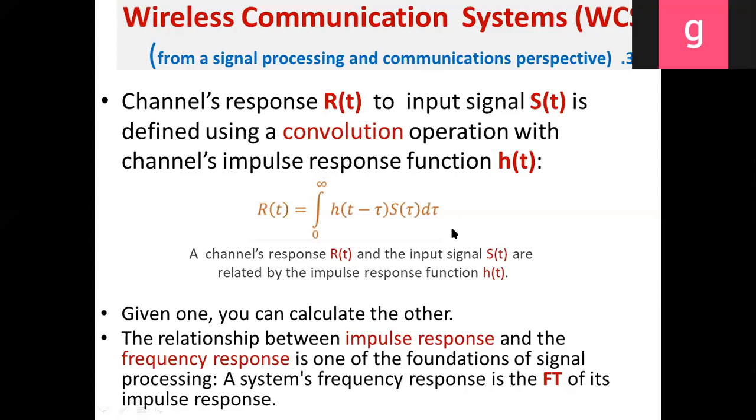The relationship between impulse response and frequency response is one of the foundations of signal processing. A system's frequency response is the Fourier transform of its impulse response. You can see here, there are two parameters I am using: one is the frequency response, the other is the impulse response. Frequency response is the response of the system when a particular input is given, whereas the channel response is the impulse response.